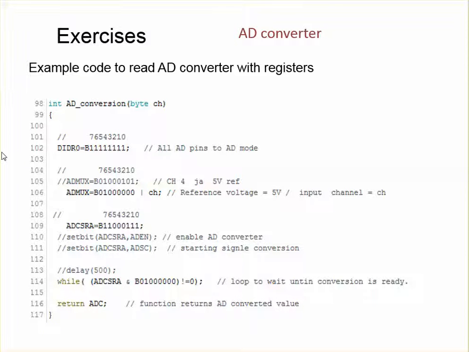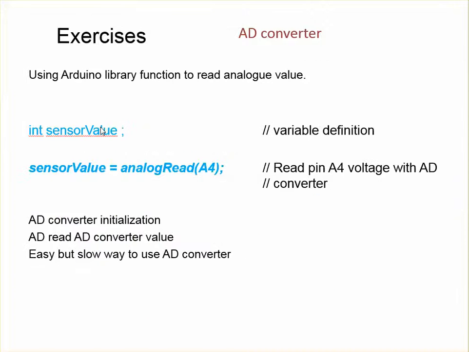These are the minimum actions that you have to do for the AD converter if you manipulate the AD converter by these registers. The other way to use the AD converter in the Arduino environment is to use these library functions.